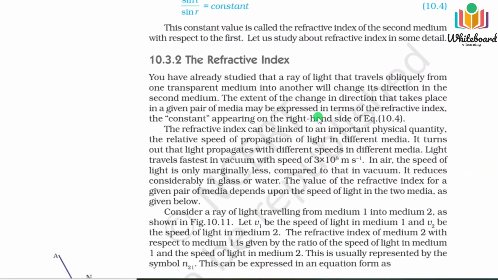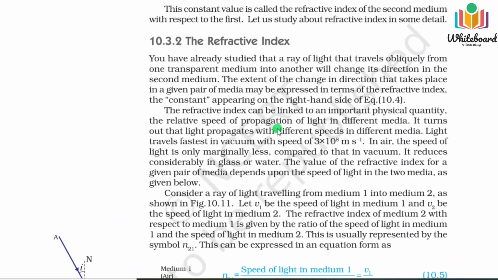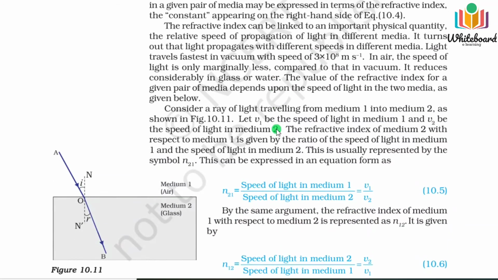And now the refractive index. So what is refractive index? Refractive index is nothing but the measurement of bending of light, how much it has been bent. So you'll get an idea from this refractive index. And there are two types of refractive index. One is called the absolute refractive index and the other is called the relative refractive index.